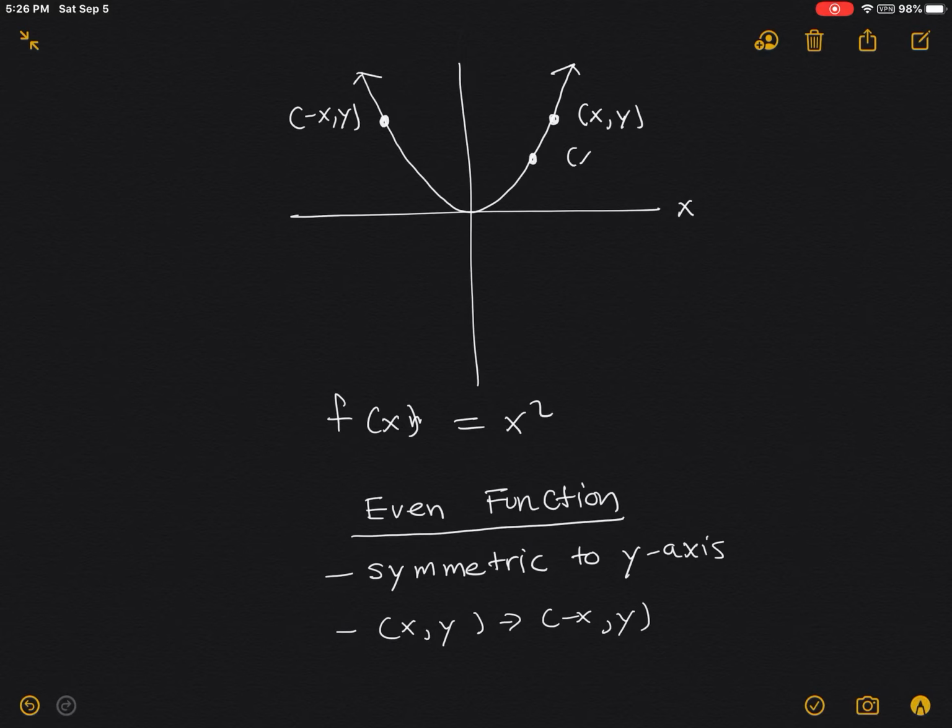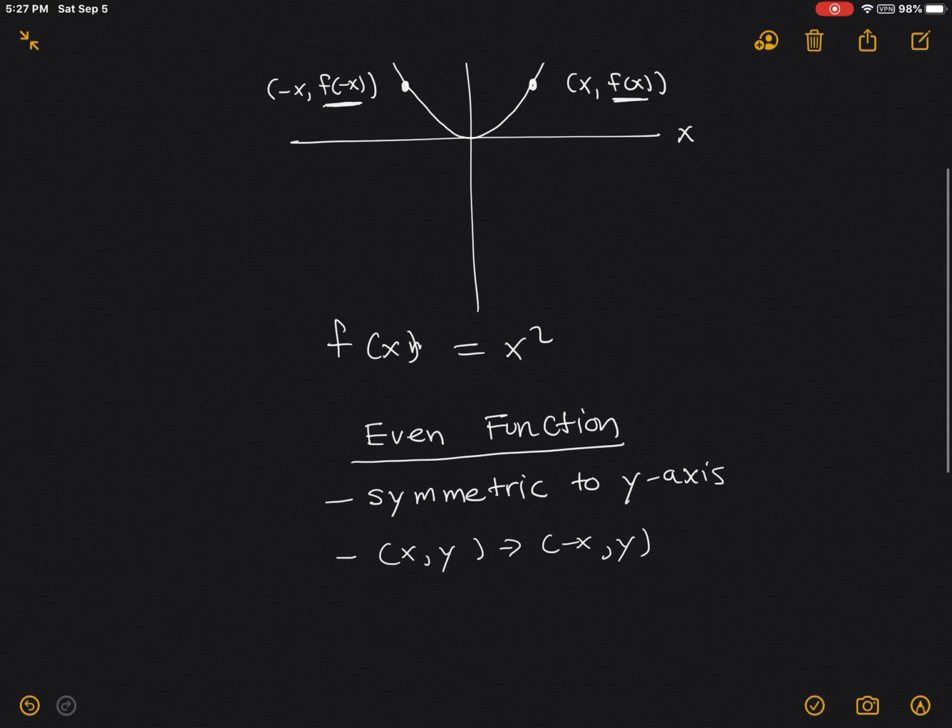And if we were to use function notation, let's say I call this point x comma f of x, and I'm going to call this one negative x comma f of negative x. Well, what do you observe? You can see that this y value and this y value are the same.